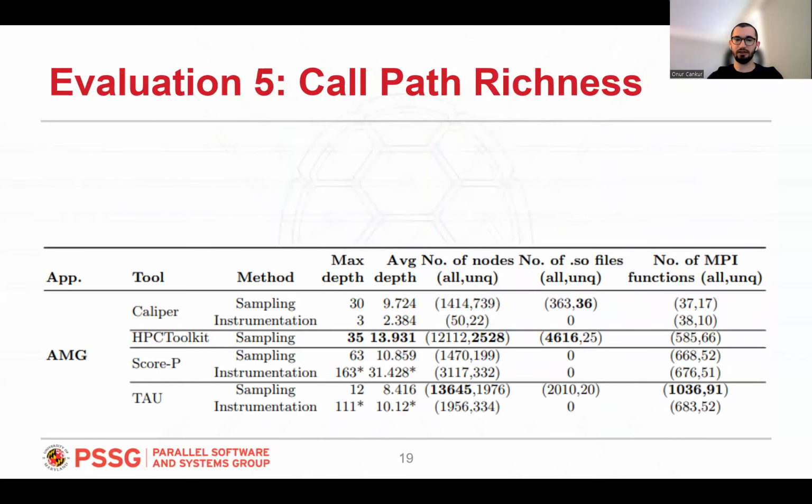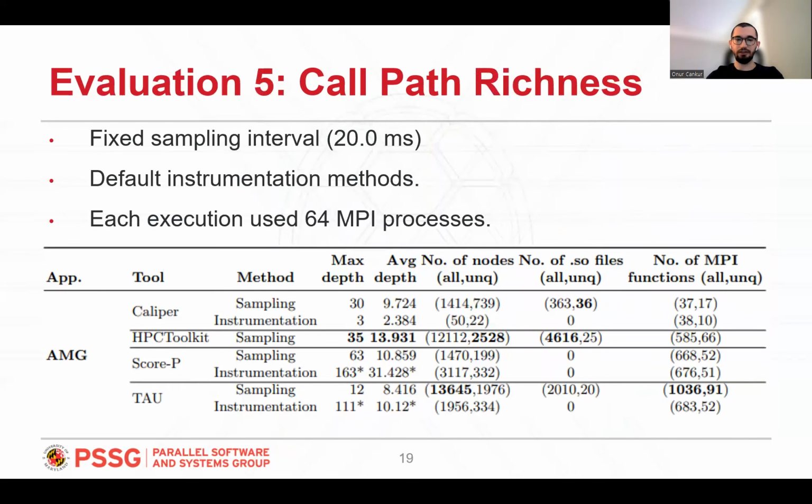So here you see the results for AMG for each tool and for each profiling method that they support. Here for sampling, we used a fixed sampling interval, 20 milliseconds, and we used default instrumentation methods, and each execution used 64 MPI processes.